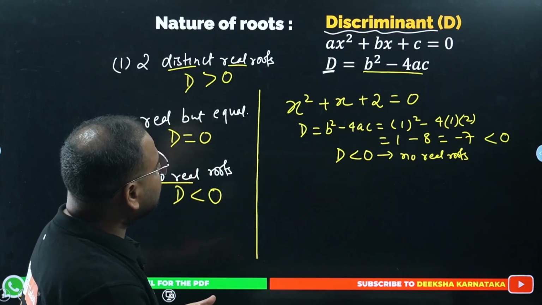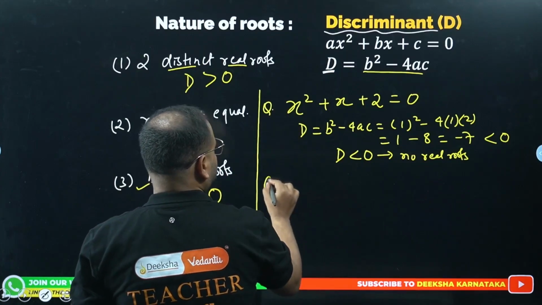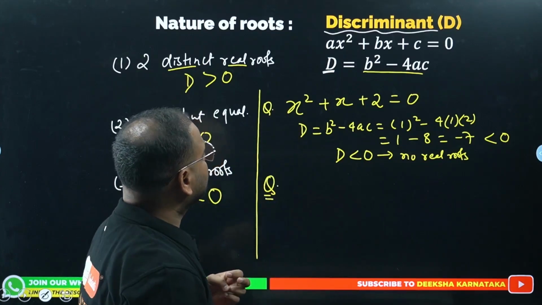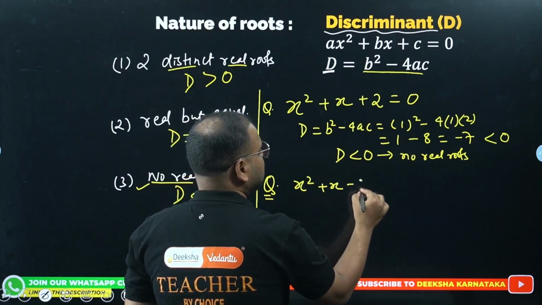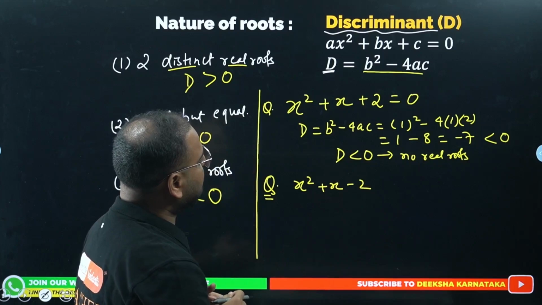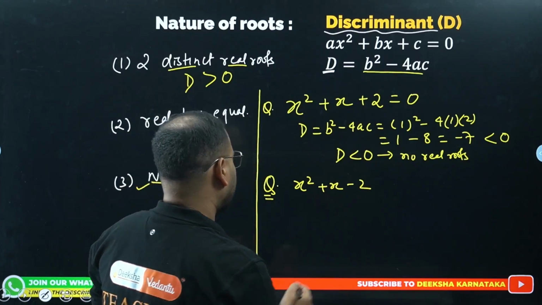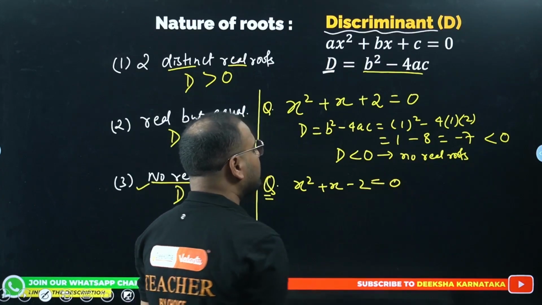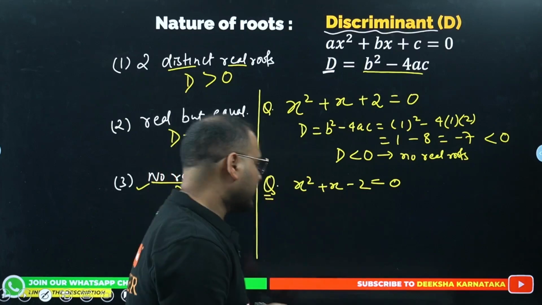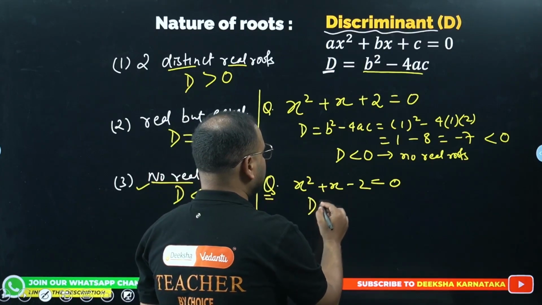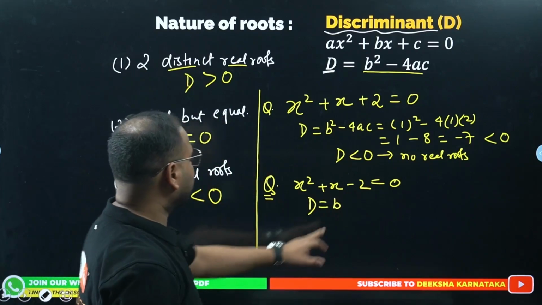Now let's take a case where the roots are real. Just another example. Let's take this question to be x square plus x minus 2. Equal to 0 will be there, obviously, otherwise it's going to be a polynomial, not a quadratic equation. So how will I solve this? D equals B square minus 4AC. I don't have to write the formula again; I'll use the coefficients directly.